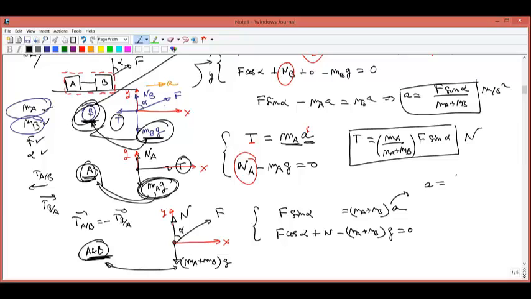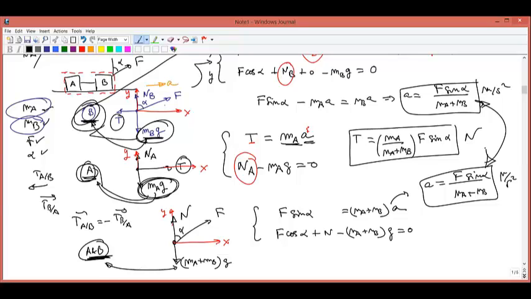A from the first equation is F sine alpha divided by the total inertia, which obviously is the same. But this doesn't help you identify the tension between A and B because it's not there. So that's the problem with A and B. But at least you get the acceleration.